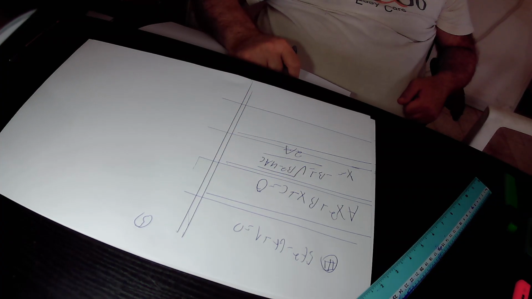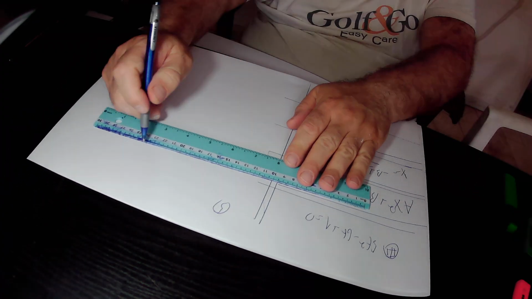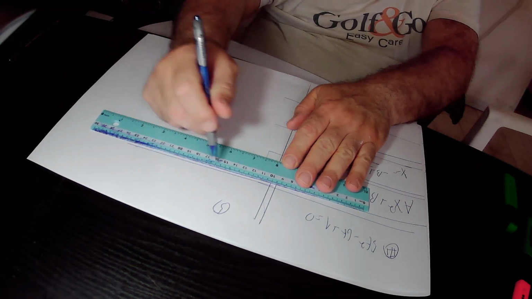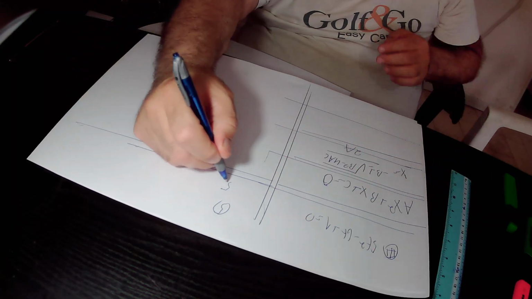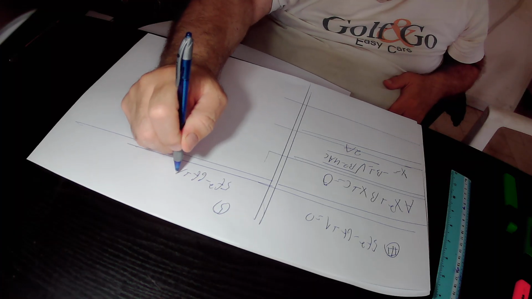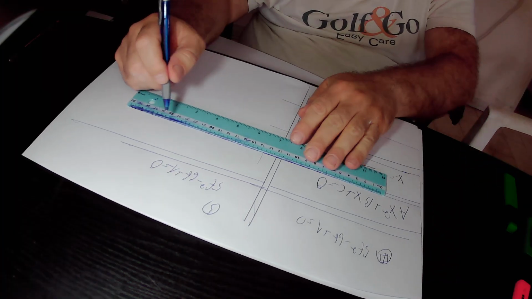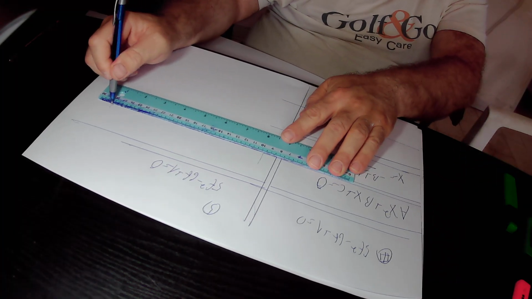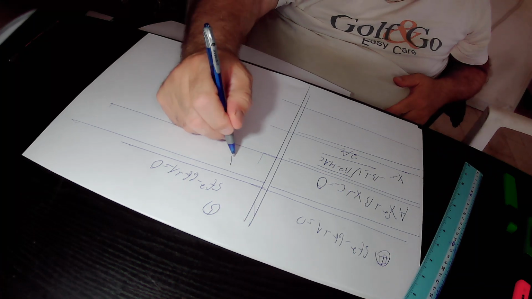In our specific quadratic equation, that is to say, 5t squared minus 6t plus 1 equals 0, the variable that we're looking for is t, so x equals t.